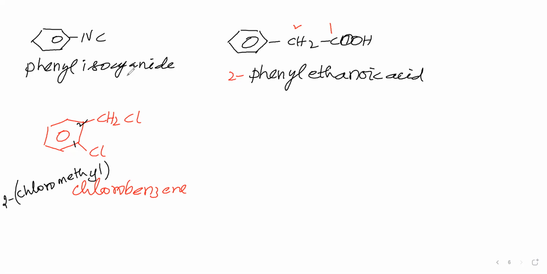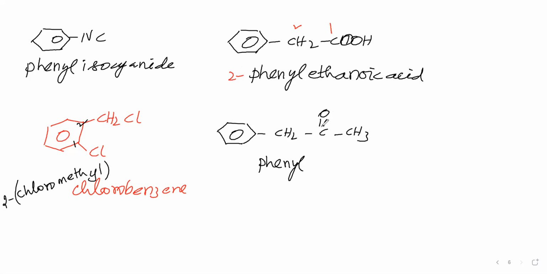Next, we will take the phenyl ring, CH2COCH3. This compound we will take. Here, this we will take as a substituent, therefore phenyl.